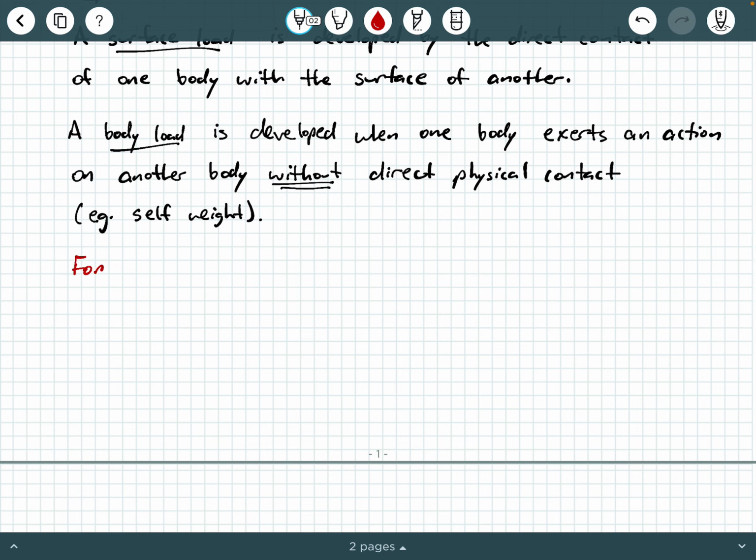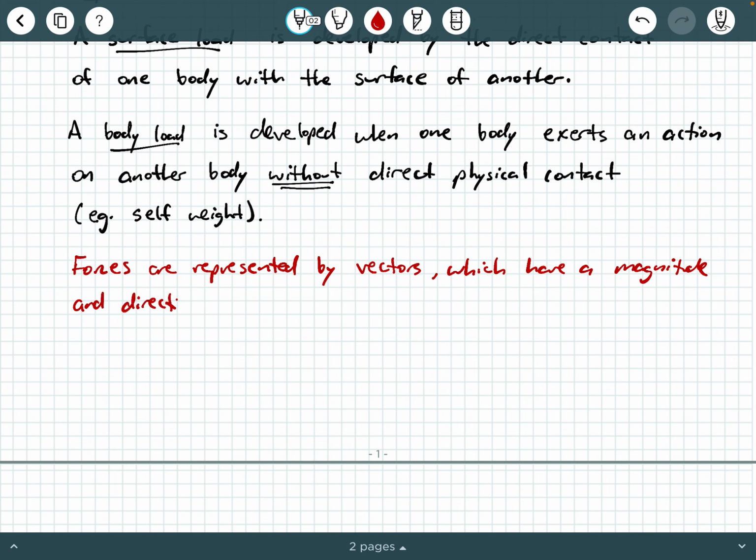Okay, so forces are represented by vectors which have a magnitude and direction. They have English units of things like pounds, kips, and tons.